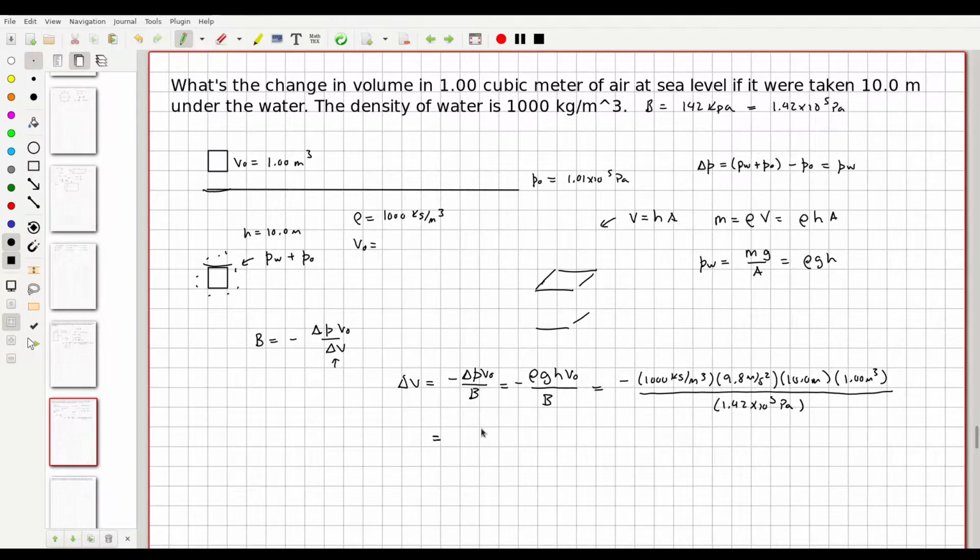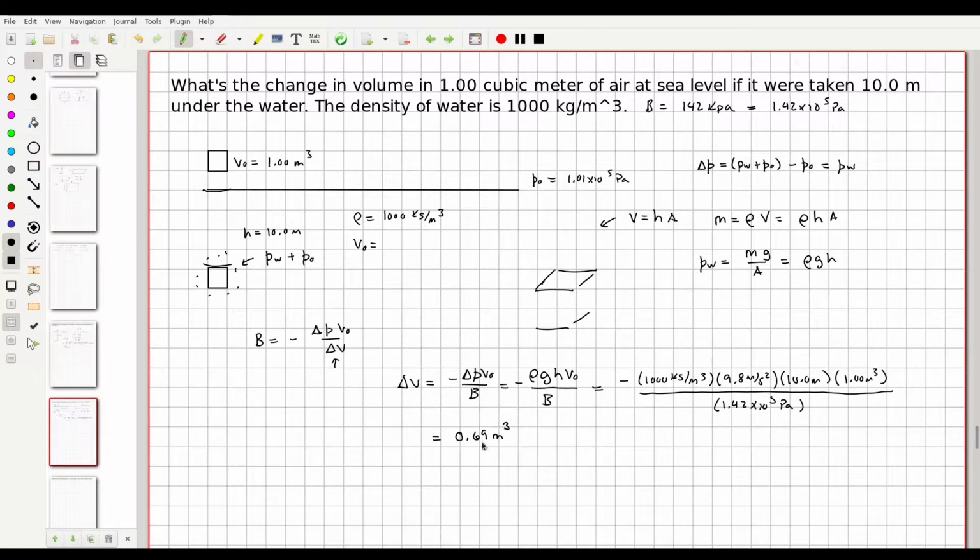So if I do this, I get 0.69 cubic meters is the change.